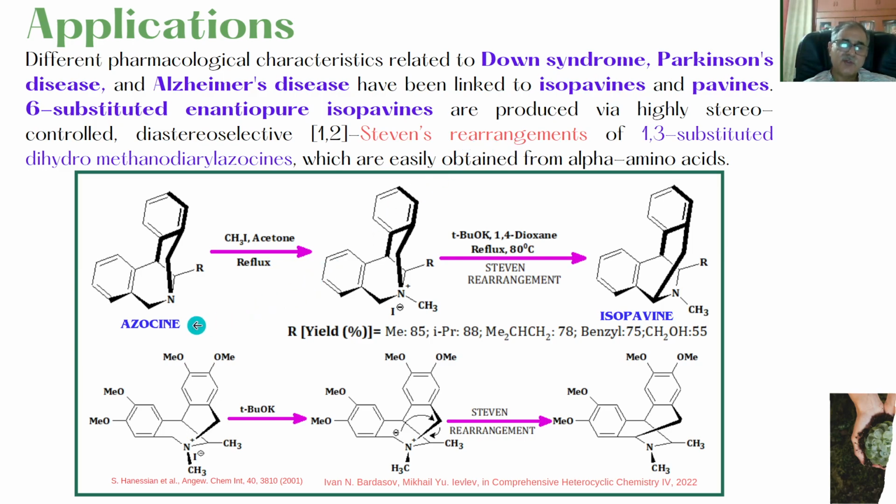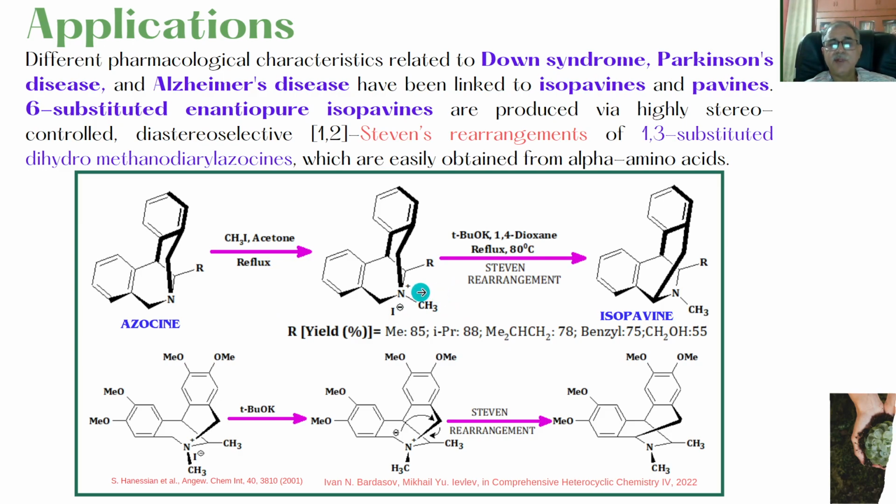So when azocene, which is a tertiary amine, is reacted with methyl iodide in the presence of acetone as solvent, then naturally alkylation of this nitrogen will take place, and this tertiary amine will be converted into the quaternary ammonium iodide.